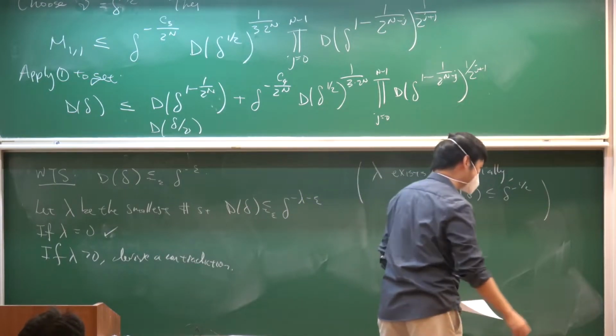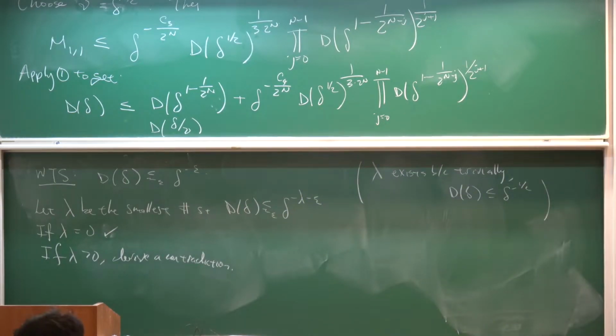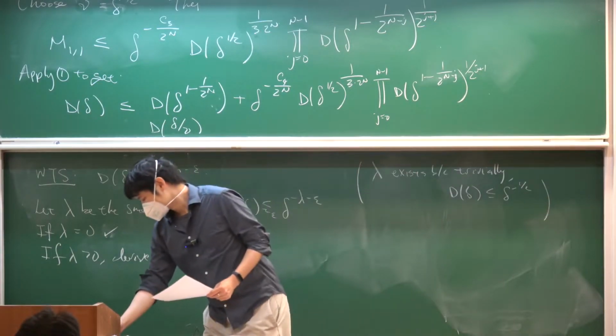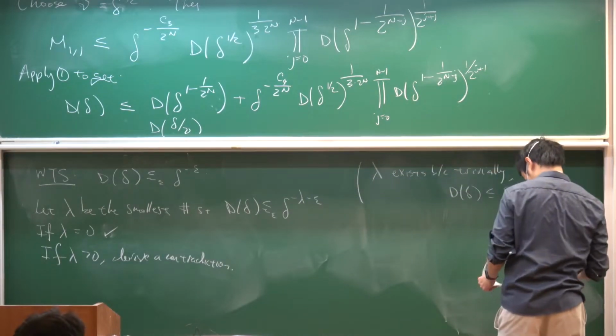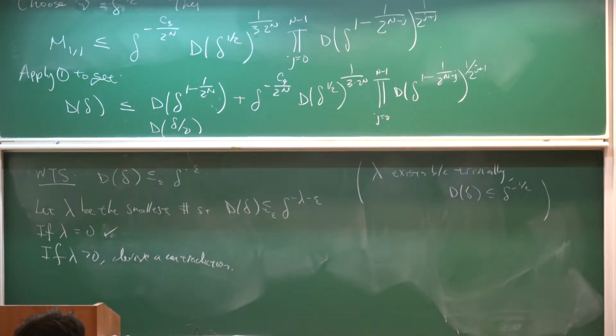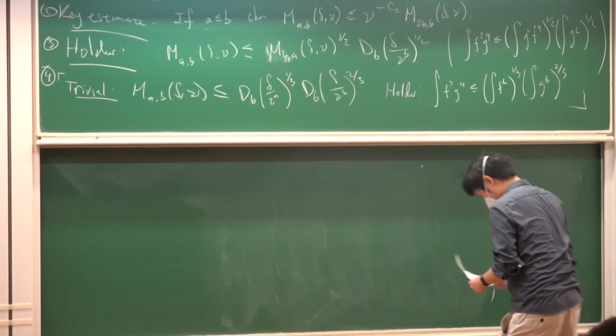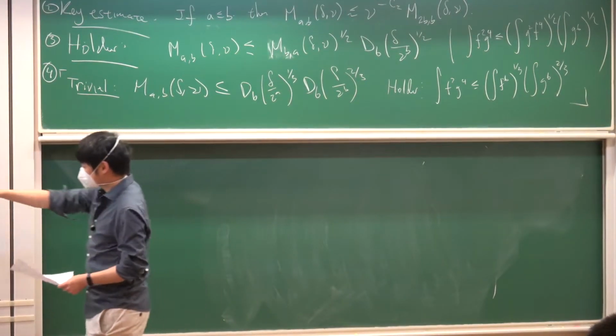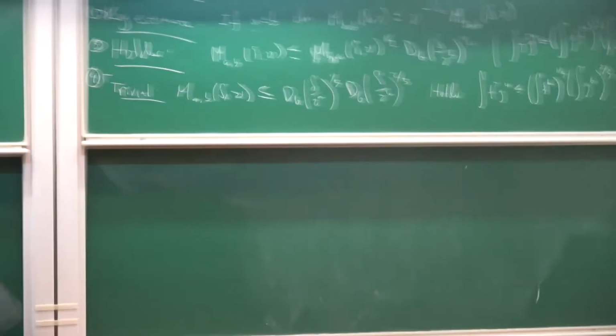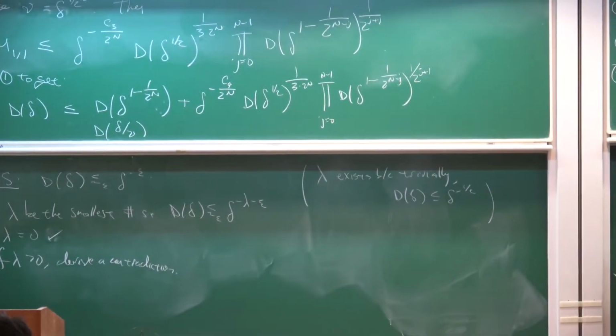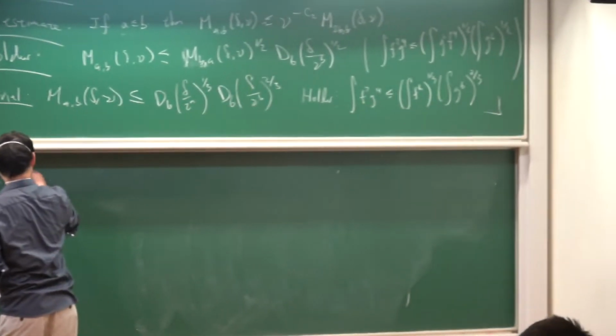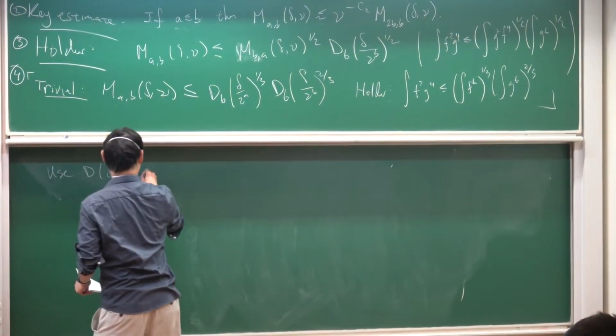Let's take d of delta is less than delta to the minus lambda and put it in here.